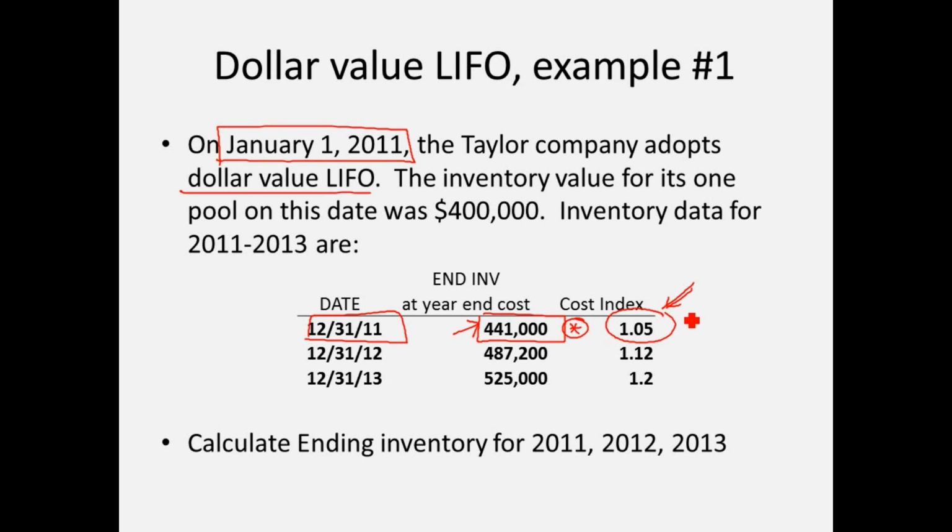So let's say if I want to figure out how much $441,000 of inventory on 12/31 would have cost me on 1/1, how would I compute that? Just exactly right, okay? So take this divided by 1.05. What do I get? 420?